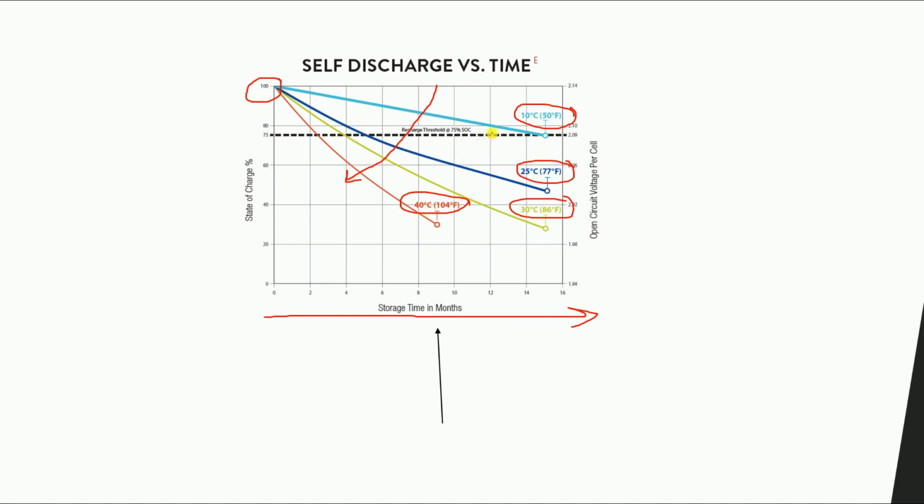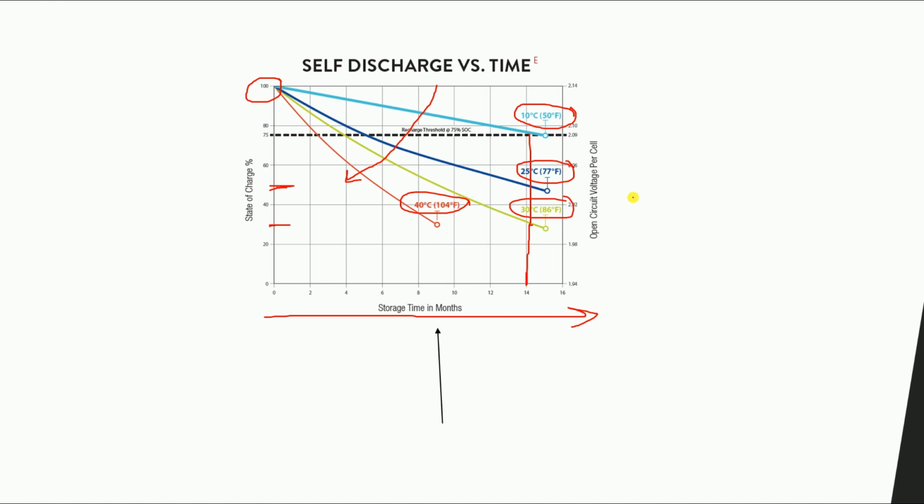As you can see here at the 10 Celsius degree, for example, for 14 months, look at the three curves here. At 10 Celsius degree, we are beyond 75%. At 25 Celsius degree, we are about 50%. For the 30 Celsius degree, about 30%. So you can see as the temperature increases, the self-discharge increases. That's why when we store our batteries, we store them in a cold location.